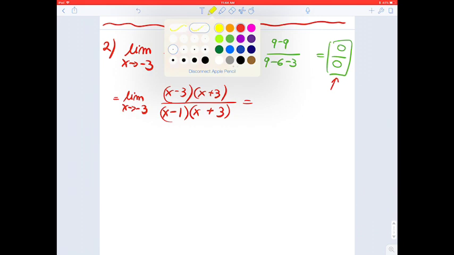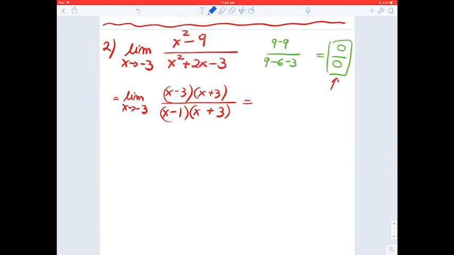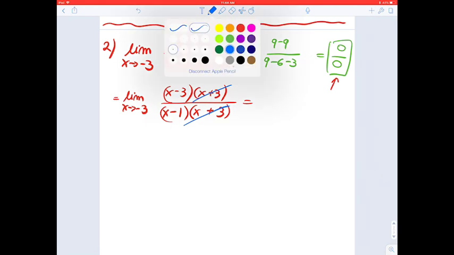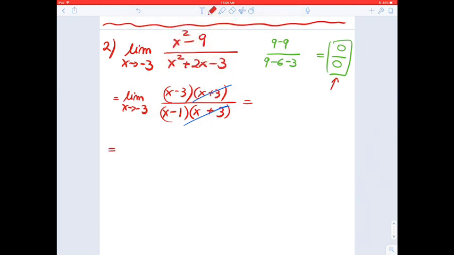Really nice. I see my common factor, x plus 3, and x plus 3 was my 0. You can see I canceled out that 0, and now I have x minus 3 over x minus 1.